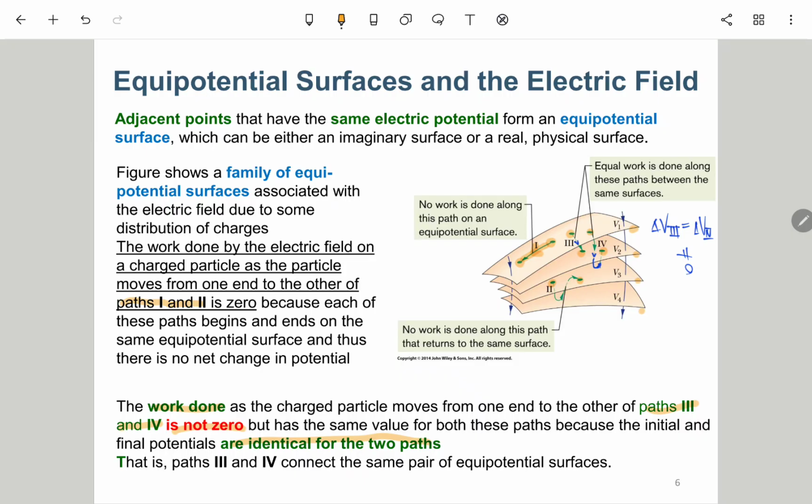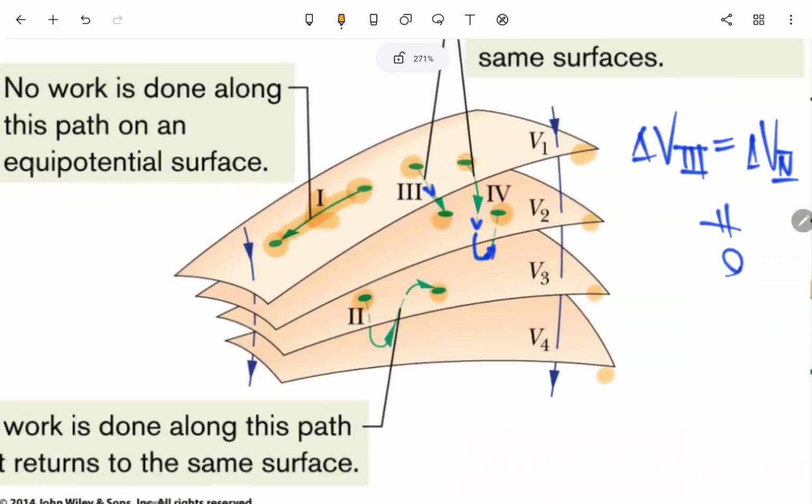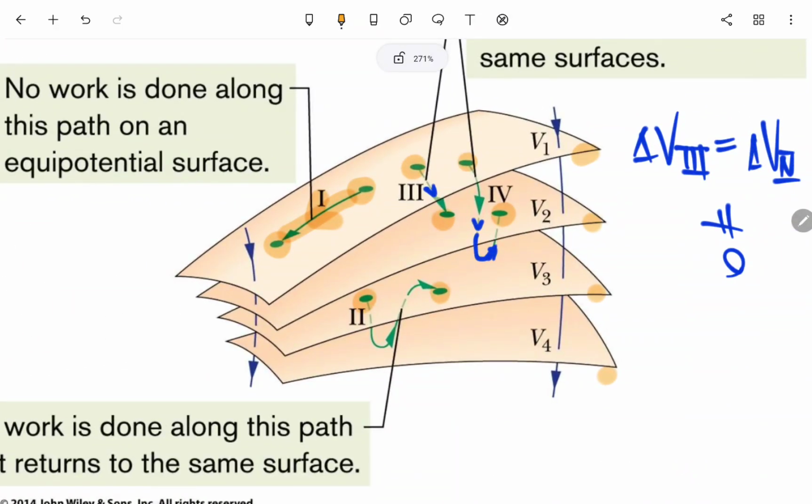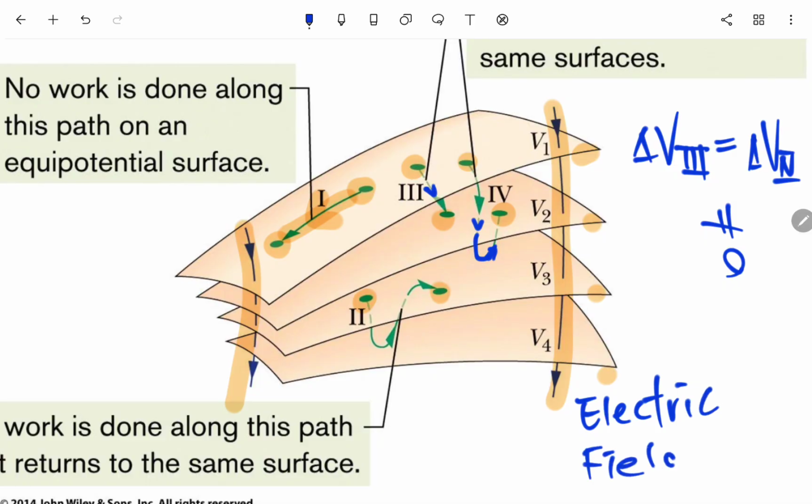Actually here, these are the electric field lines, for this one and also this one.